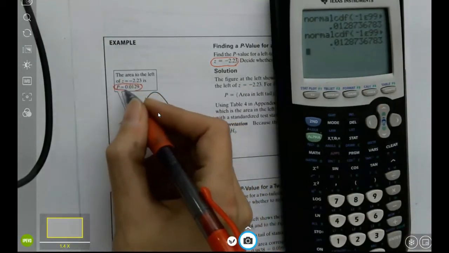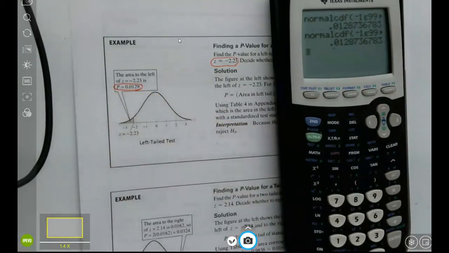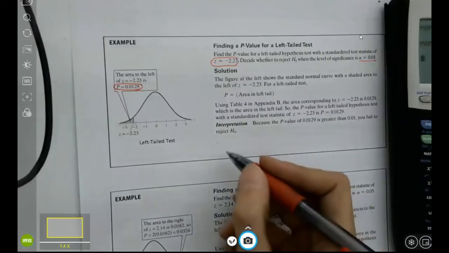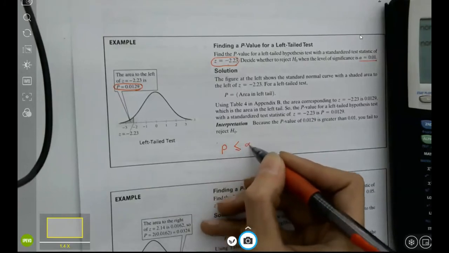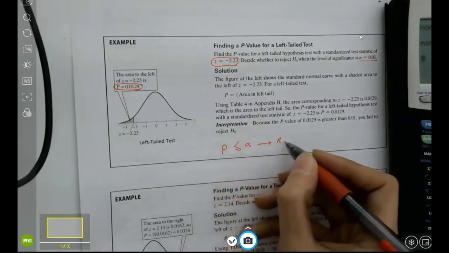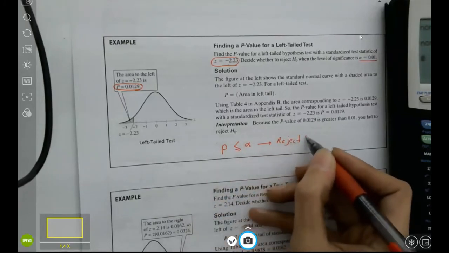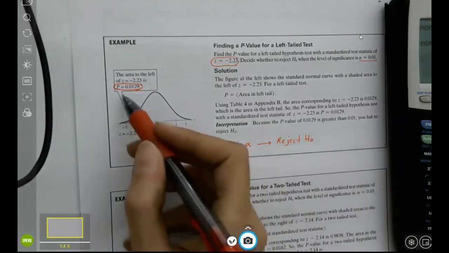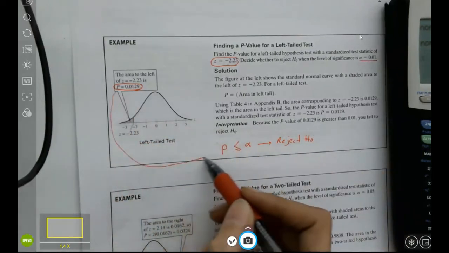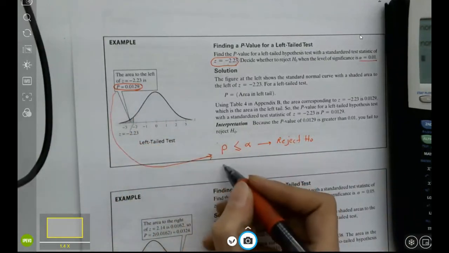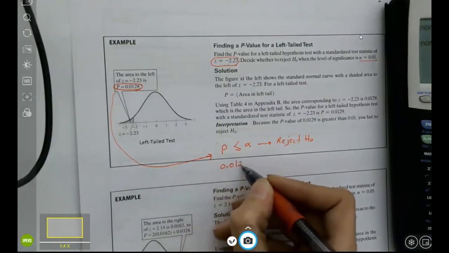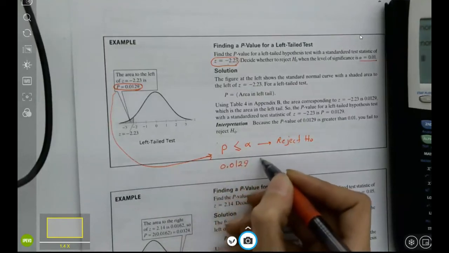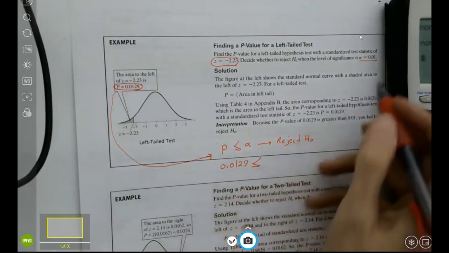Okay, but what is different? I normally use a CDF. If p is less than or equal to alpha, then we reject the null hypothesis. So now that we calculated our p, which is 0.0129, is this less than or equal to alpha?